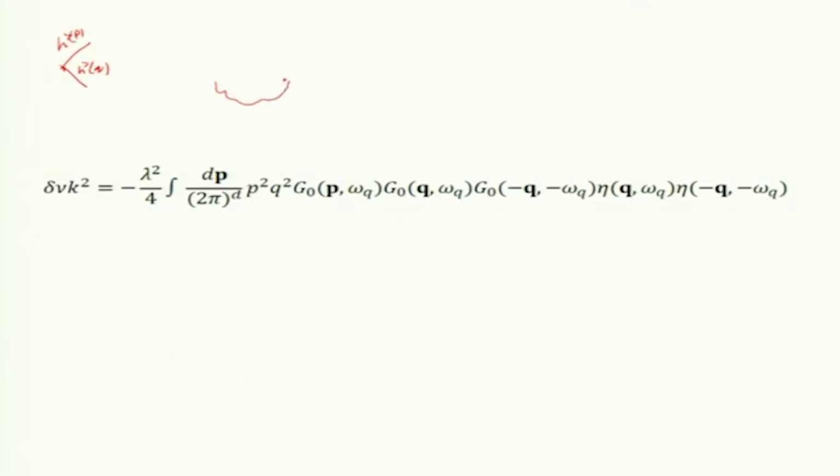We are starting from the bare, or free, function g naught of q, and we got 2 h here: h greater p, h greater minus p, and this is h of k less. Now h of p I again expand. This one g of q is sitting here, and this g of q I already got.